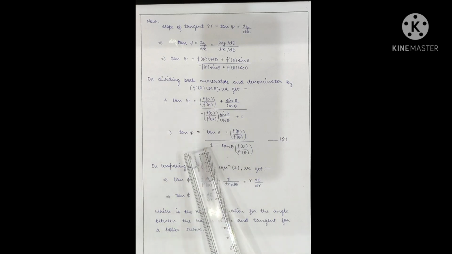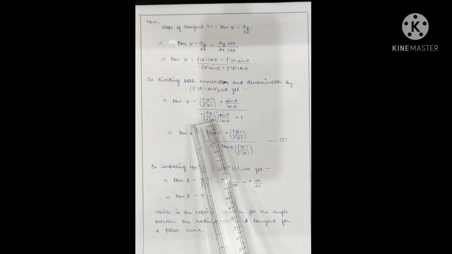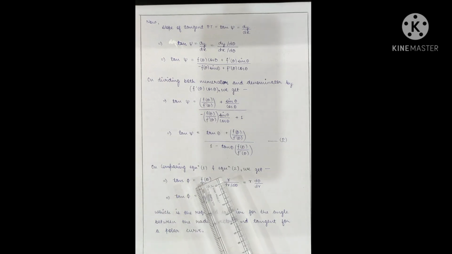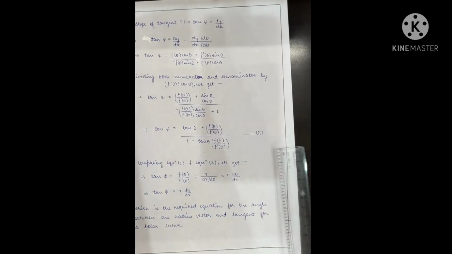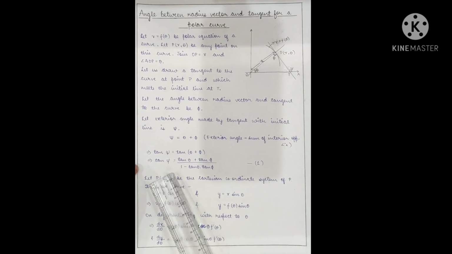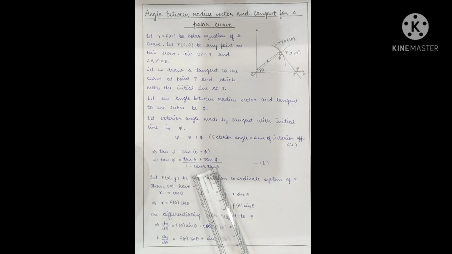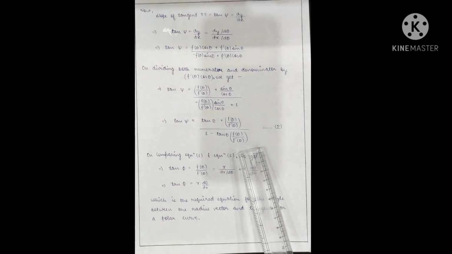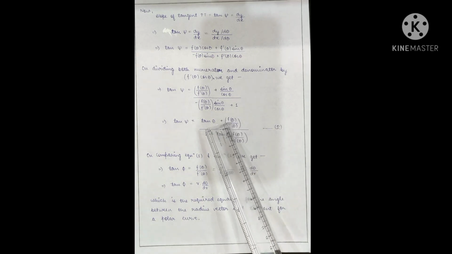So we can write sin theta/cos theta as tan theta, plus f(theta)/f'(theta) here, and whole upon 1 minus, and sin theta/cos theta is tan theta, and f(theta)/f'(theta) we'll write as it is. Now we'll compare equation 1 and equation 2. Equation 1 was tan psi = (tan theta + tan phi) whole upon (1 - tan theta tan phi).